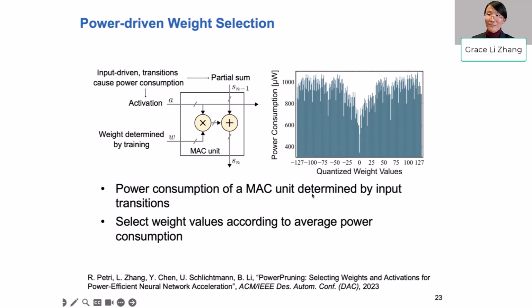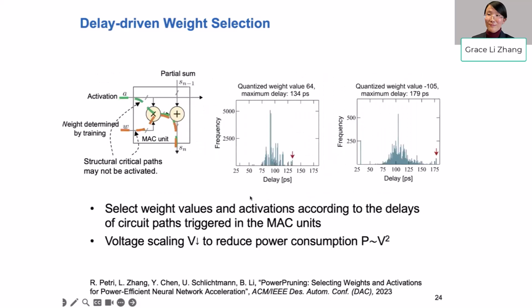On the next slide, about delay-driven weight selection: in my world, an FMA or MAC operation always has the same latency, like 4 cycles or 6 cycles. But here it seems like it depends on the values. Yes, it depends. You might have heard of the same latency because they use the worst case delay, and the clock period is also set larger than the worst case delay to give some margin in reality.